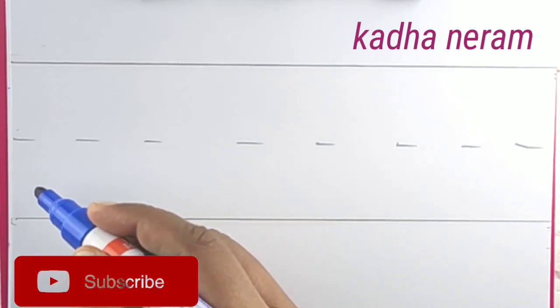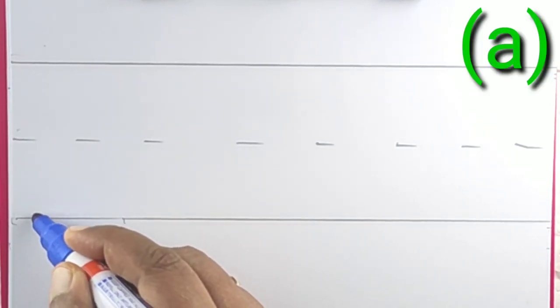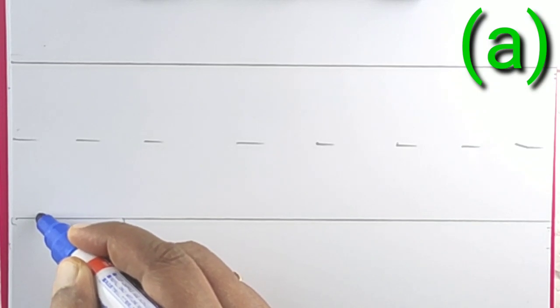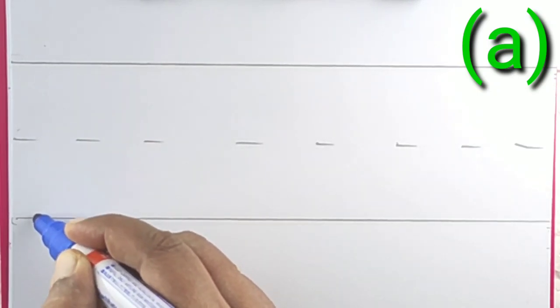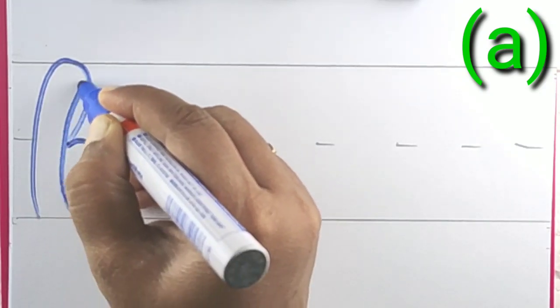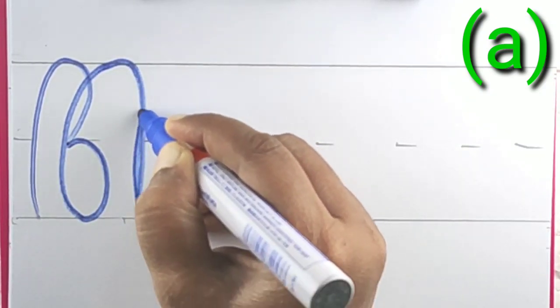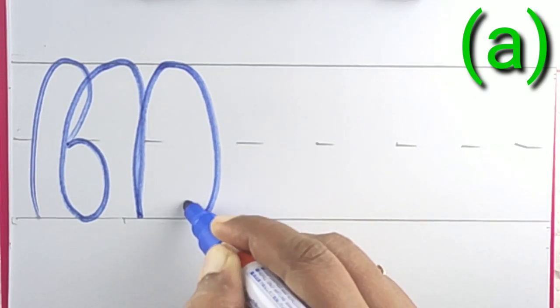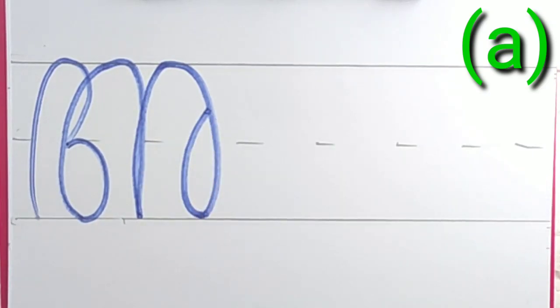So the first vowel was A. Let's see how to write A again. So here is A. Let's see how we can have the A sound on a consonant.